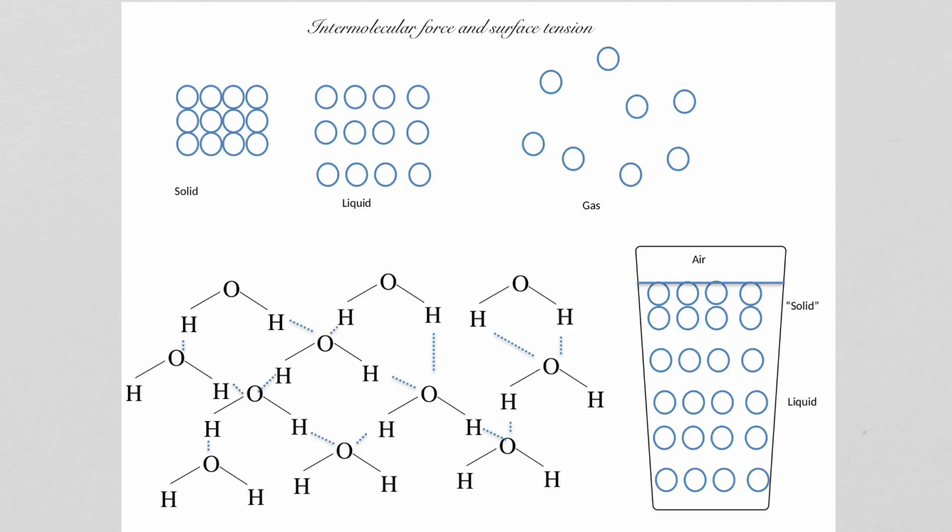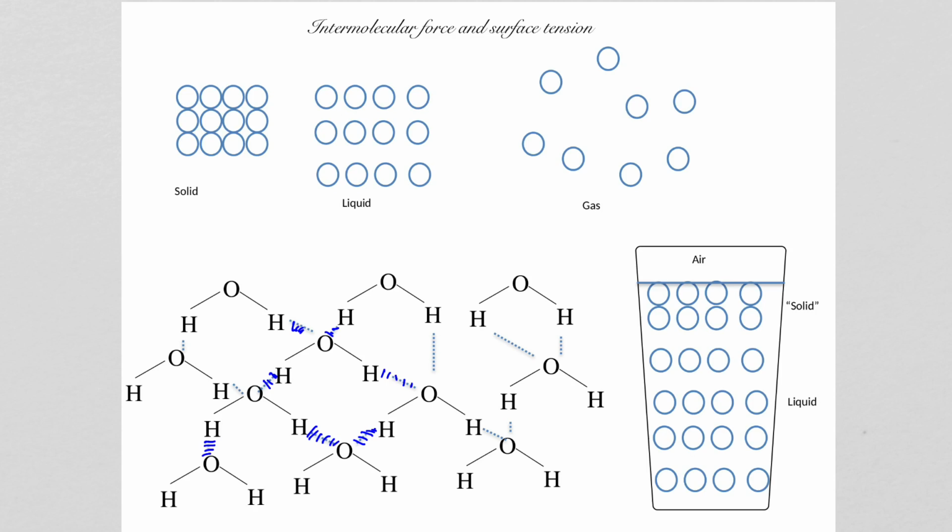So if you look at water, and there's so much water in our body, you can see hydrogen bonding. The force that's holding water molecules together is hydrogen bonding. So you can see this water here is being held here, here, and here, and so on.